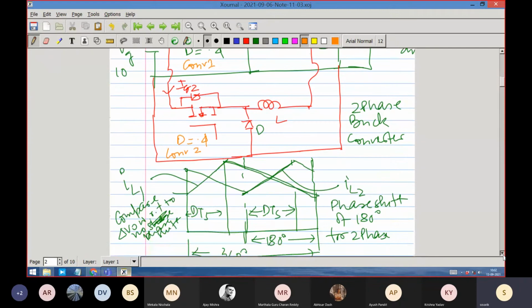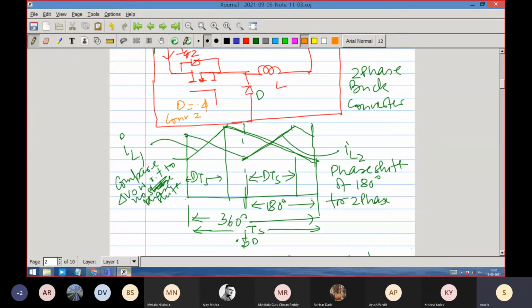This is 360 degrees, 180 degrees will be here. So 180 degrees here means the second converter's on pulse is applied here. This is conv 2, and the first converter's duty ratio pulse is applied here. This is conv 1, right? And the first converter is off after that.